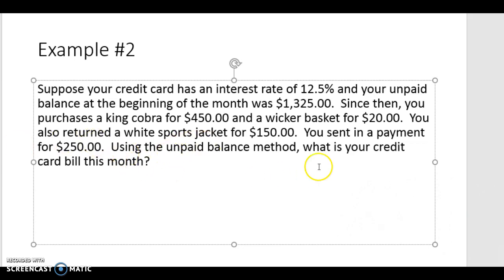You also returned this awesome white sports jacket that you bought after watching the old Miami Vice for $150, and you sent in a payment for $250 to pay down your credit card balance. Using the unpaid balance method, what is your credit card bill for this month? So take a second, go back to the formula that we looked at for that unpaid balance method and see if you can figure this out.